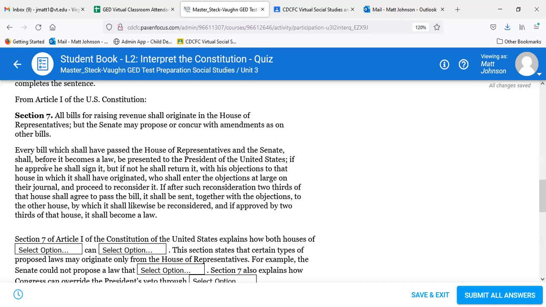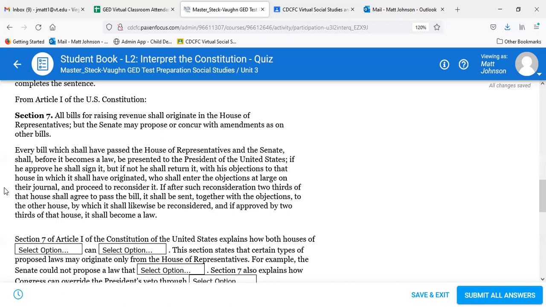And what that's outlined there is we talked about vetoing, right? If they send a bill to the president and he has the power to veto, it gets sent back to the Senate or the House of Representatives, wherever that bill originated, and they can modify it.